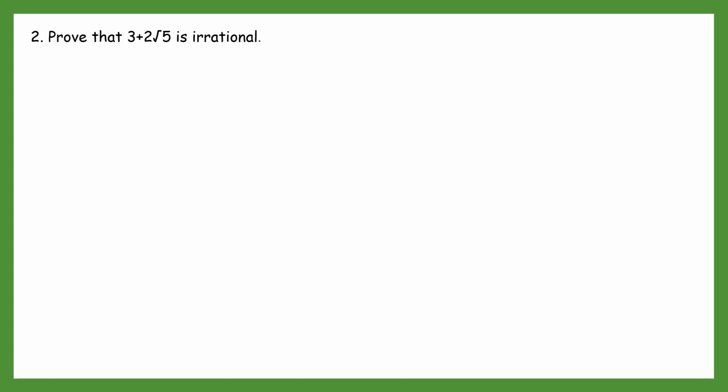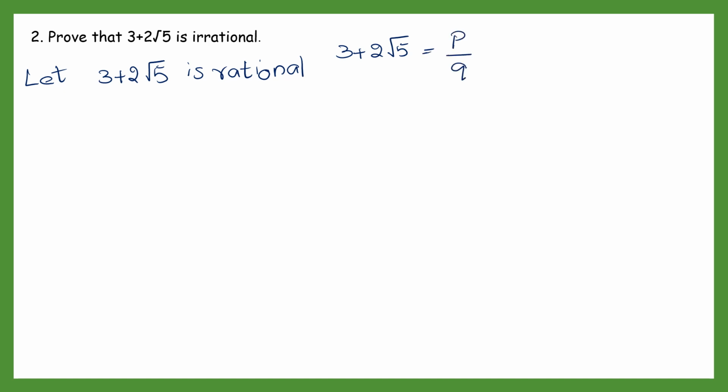Next question. Prove that 3 plus 2 root 5 is irrational. On the contrary, let's assume 3 plus 2 root 5 is a rational number. That means 3 plus 2 root 5 can be expressed as p by q, where p and q are co-primes.